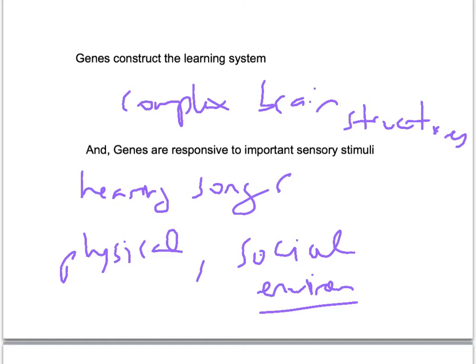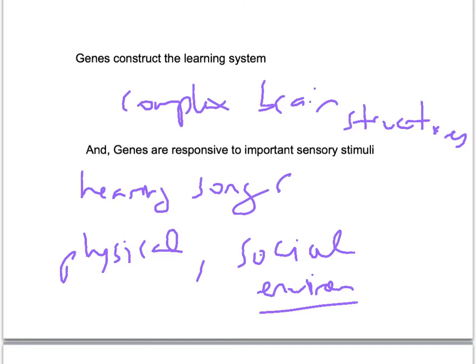And for other birds, if you raise them in social isolation from their own species, but play the tape of a different species, it'll still learn to sing its own species. It's just really pretty interesting. And in other birds, if you give them the tape of its own species, but the social environment of the second species, it learns to sing the birds that it interacts with, not the birds that it hears.